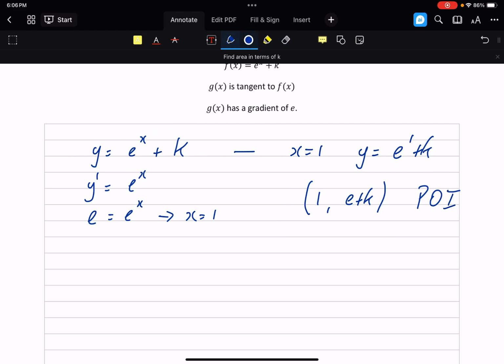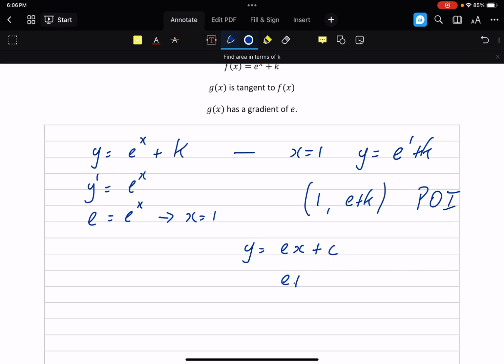So that tangent was y equals e times x plus c. We're going to find c by substituting in that point of intersection. So when x is 1, y is e plus k.